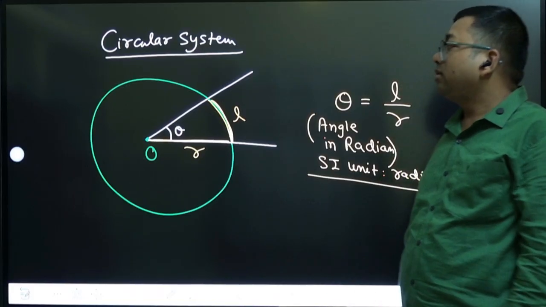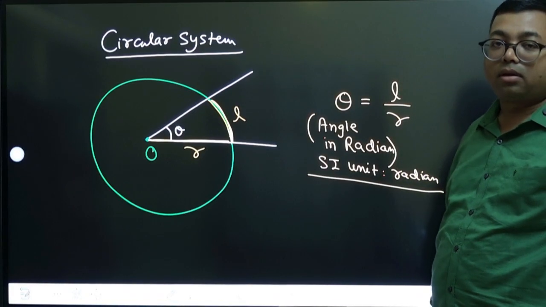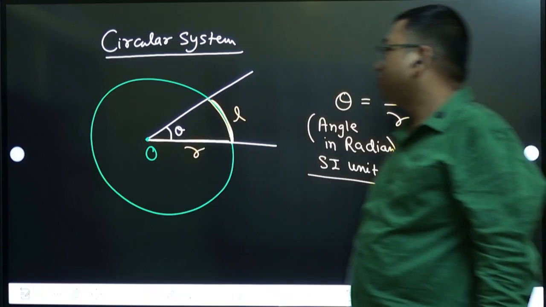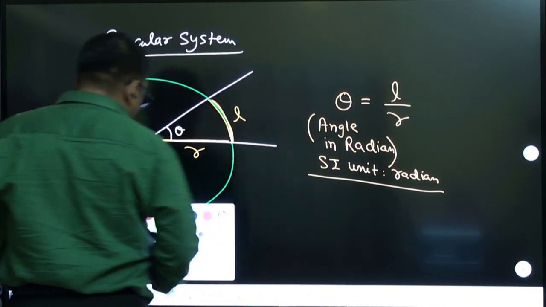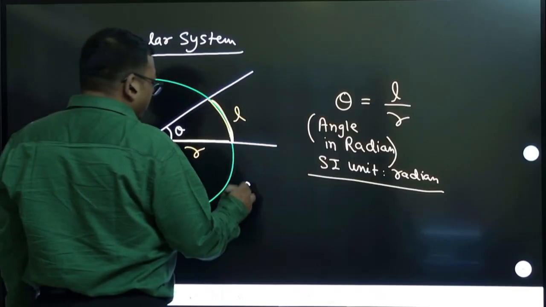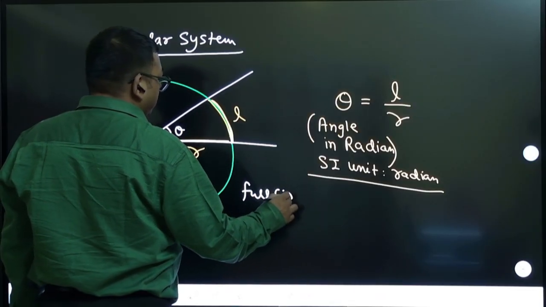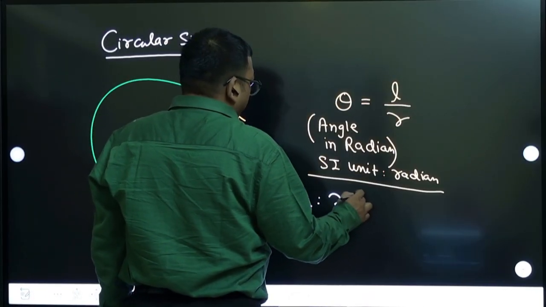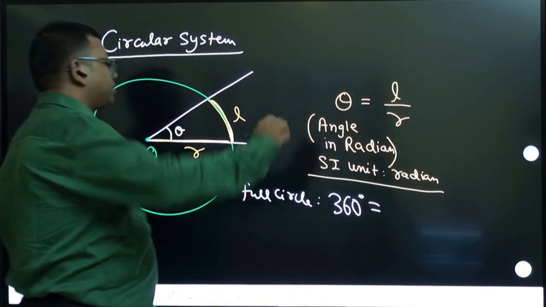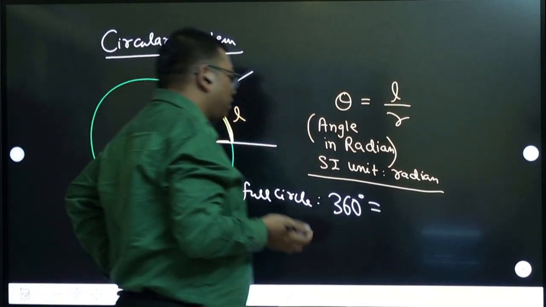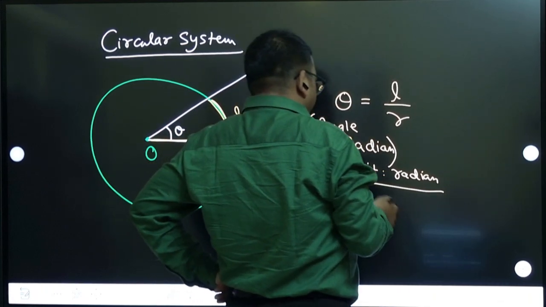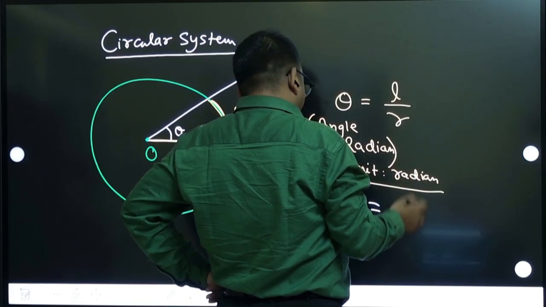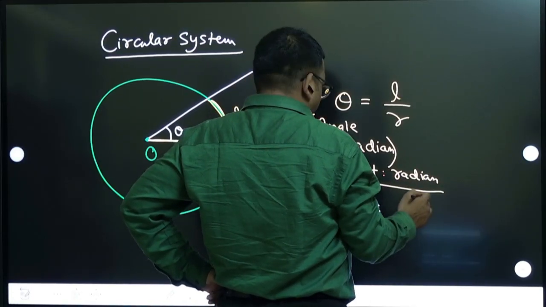For that, let us take one complete circle. One complete circle is 360 degrees. We know that, right? So if I take the full circle, that angle becomes 360 degrees. But if I try to write it in radian, the full length will be what?